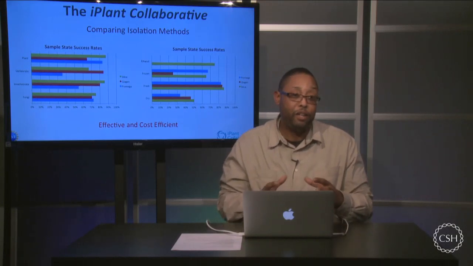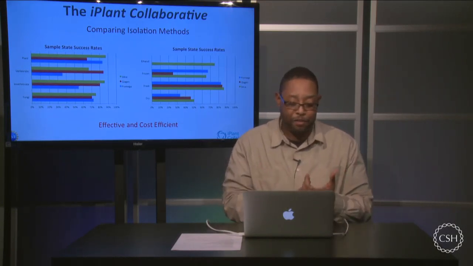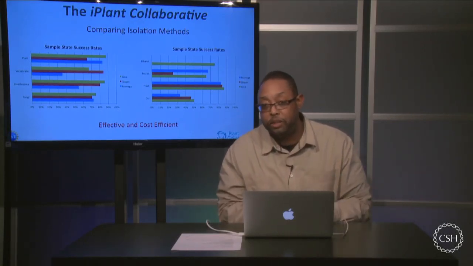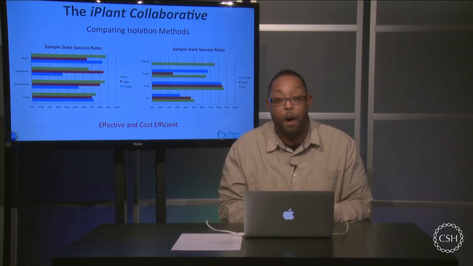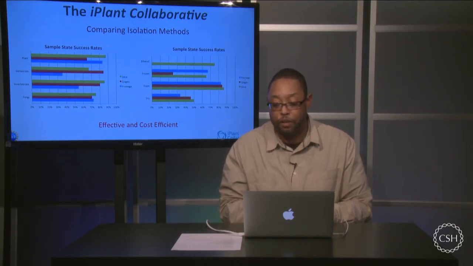So when we look at the overarching picture here, it's not only effective, but it's also cost efficient. We're really substantially decreasing the amount of money that would go out per reaction. So in this particular webinar, we're going to look at the silica DNA isolation as a technique for DNA barcoding.